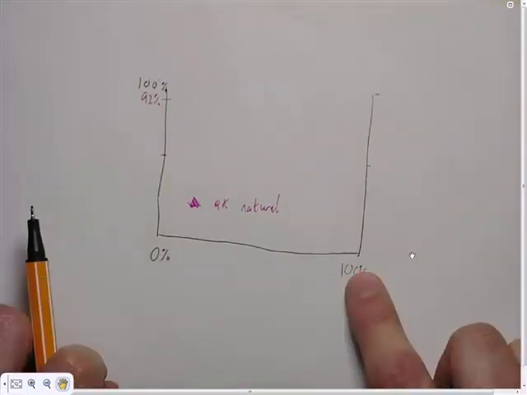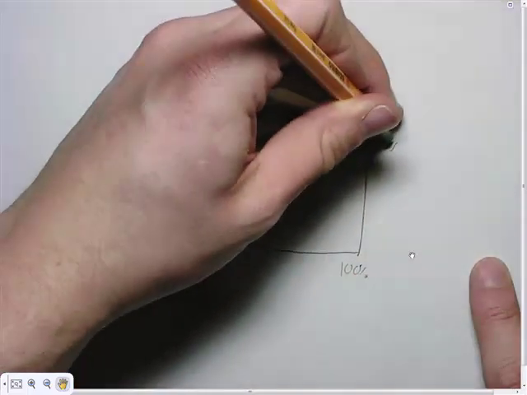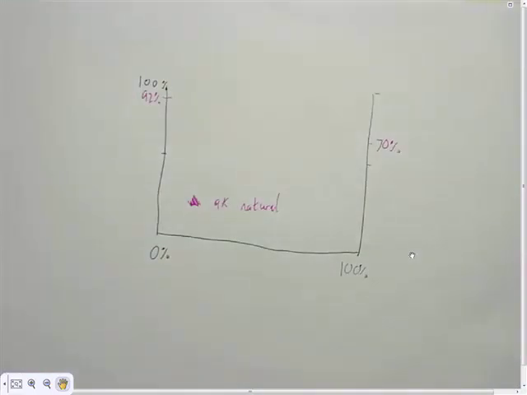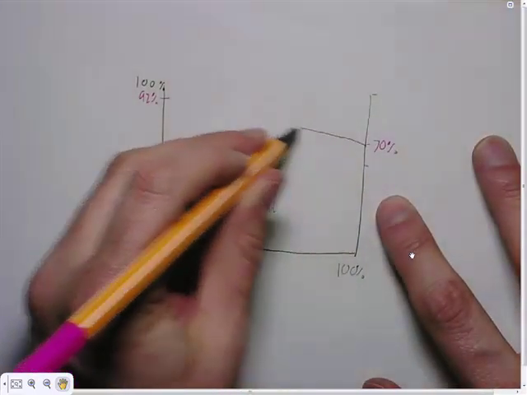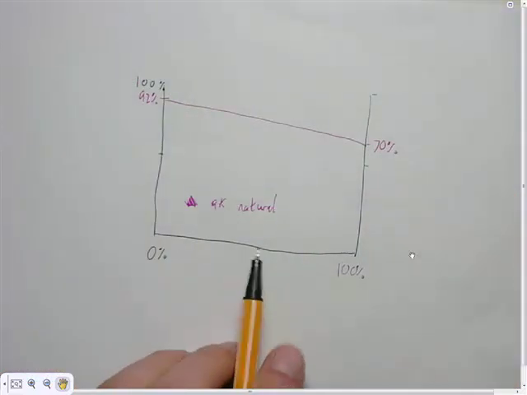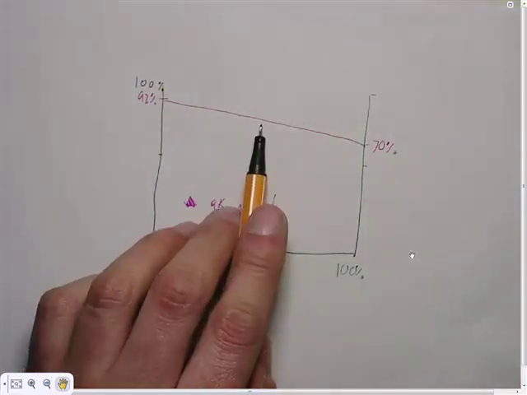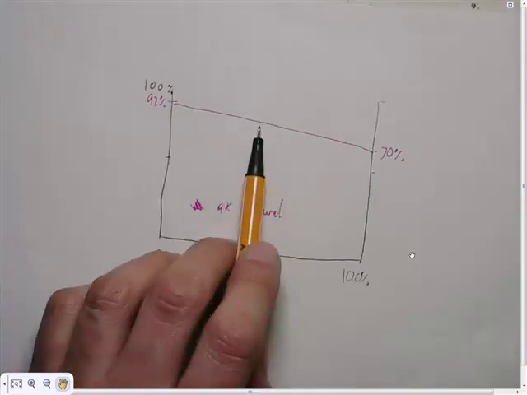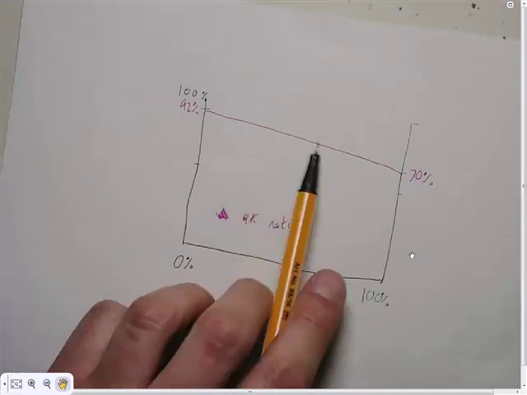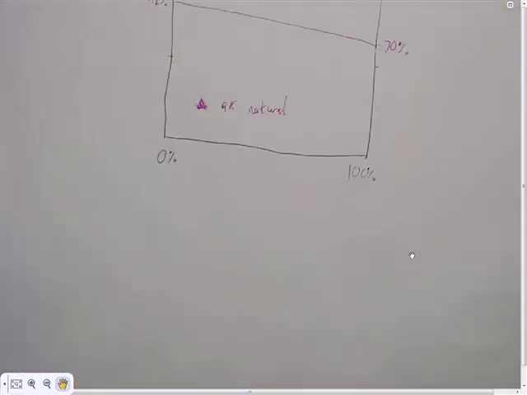If I always shoot to my natural side, I will have a 70% chance of scoring, just based on the table from before. I'm not going through the maths, but in between these two points, this is a straight line. So if I was to shoot 50% of the time on the natural side, and the goalkeeper always dives to his natural side, I'd expect to score halfway between 92 and 70, which is 81%.